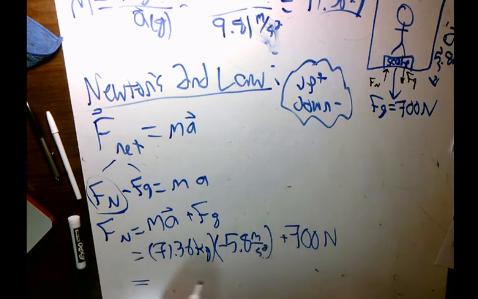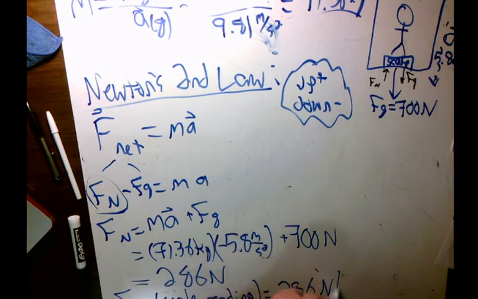Throw that in our calculator, 700 minus the product of 71 times 5.8, and we get 286 newtons. So Fn, our scale reading, or another way to say it, the apparent weight, is equal to 286 newtons.